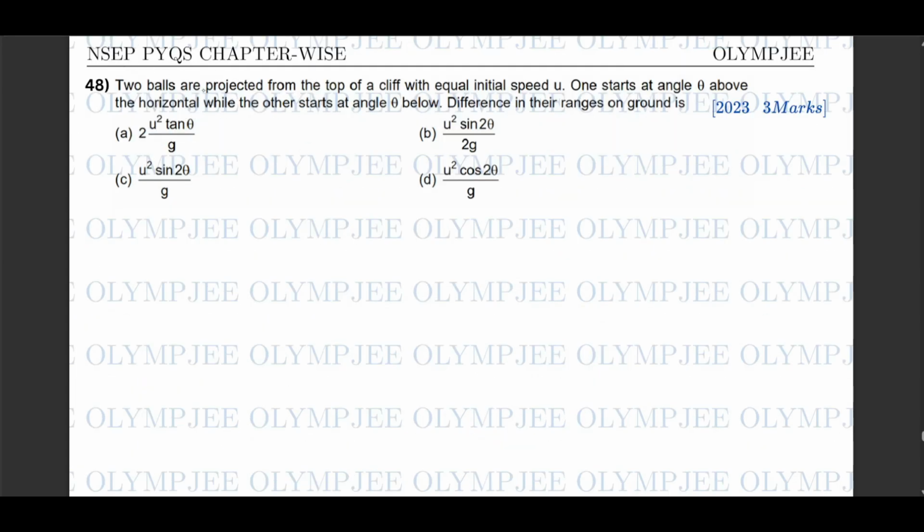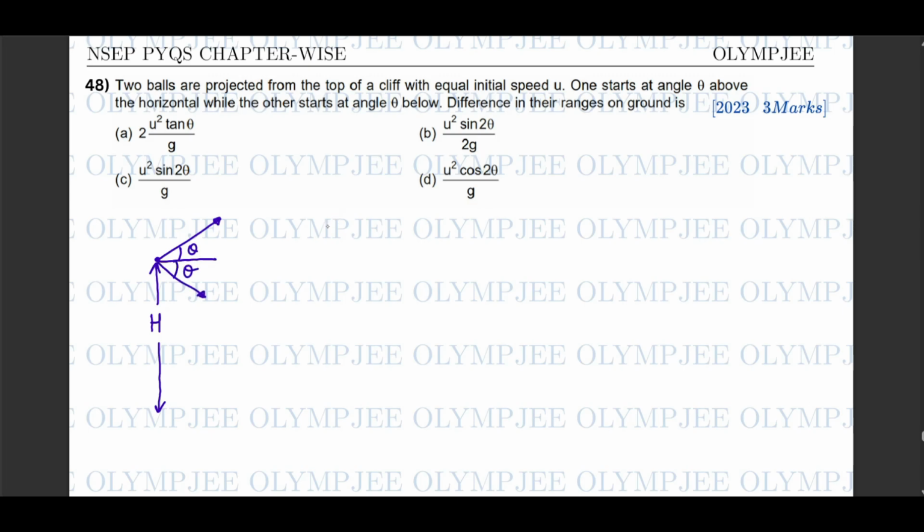Question 48 says, two balls are projected from top of a cliff with equal initial speeds u. One starts at an angle theta above the horizontal while the other starts theta below the horizontal. Difference in the range. Okay, so assume the cliff is at a height h, and one particle is thrown above the horizontal with theta and one particle is thrown below the horizontal with theta.